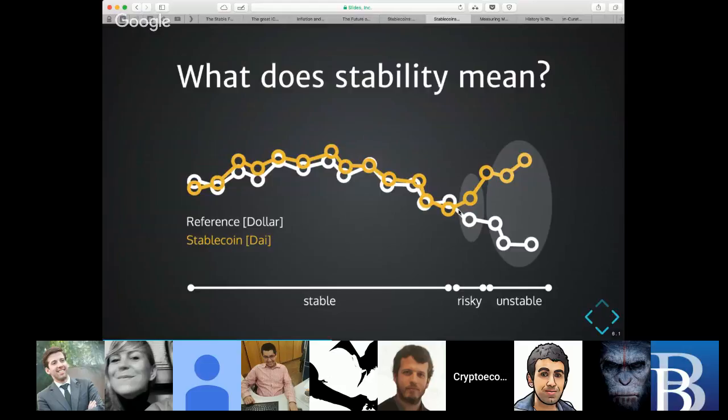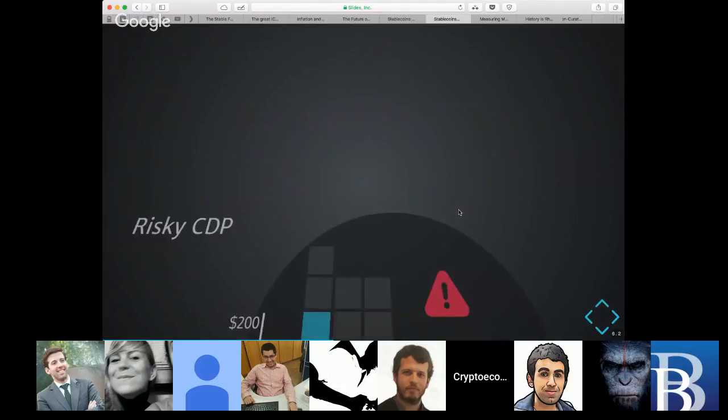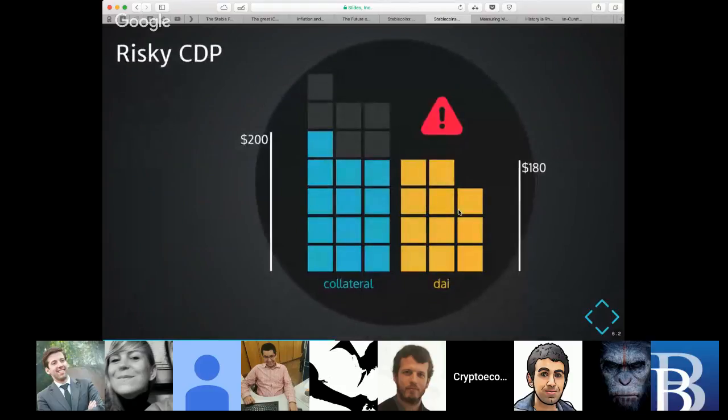In the risky one, what happens is that the value of the collateral is approaching the value of the DAI. So that would mean, say, the price of Ether is going down and getting very close to the actual value of DAI that hasn't moved, right? Because it's still $180 here.